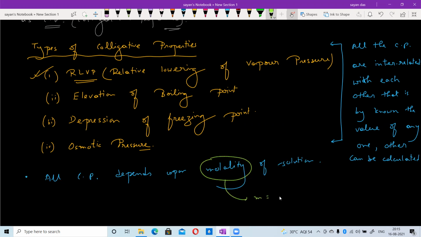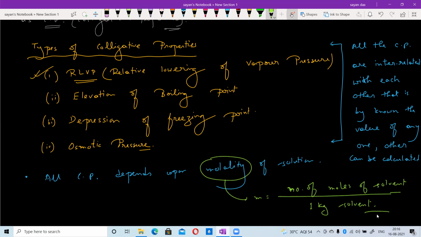Molality, small m, is equal to the number of moles of solute present in 1 kg of solvent. That is about molality. Any doubt regarding this part? Tell me.